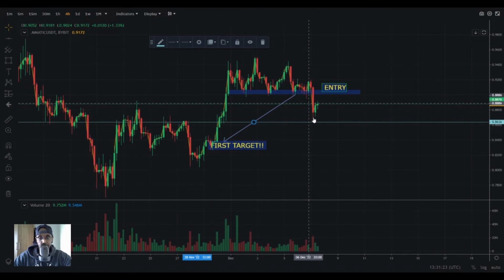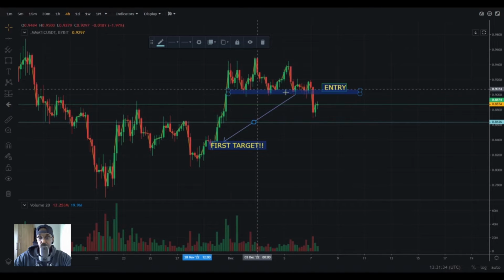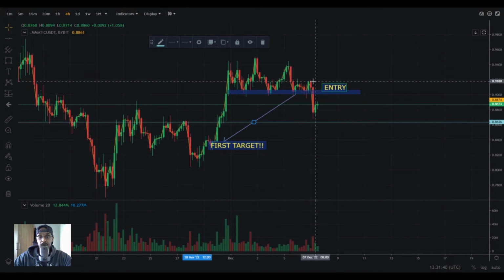Now it looks like we're going to be reclaiming and retouching the floor of this support line over here. So what happened here then? This used to be the core support, or the floor of the chart, where we actually broke down. Normally what happens is when we break out, whether it's the resistance or support, we are more than likely to retest those areas once again.